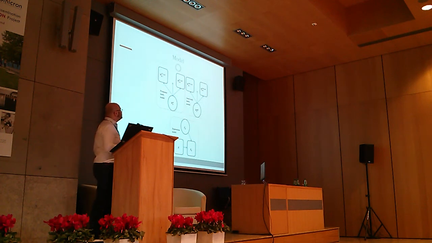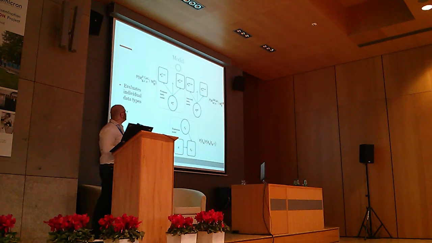Let's now focus on the model. It's a gene-centric approach that takes into account all the available CpG sites. The three individual modules, the promoter methylation, the gene body methylation, and expression modules, evaluate individual data types, where we model the likelihoods. It's a probabilistic model, so we model the probability distributions on each of these nodes.